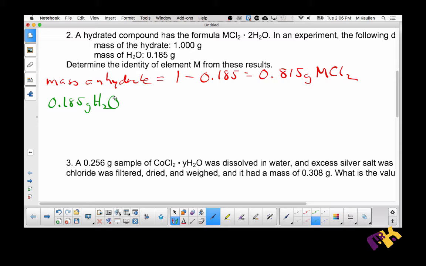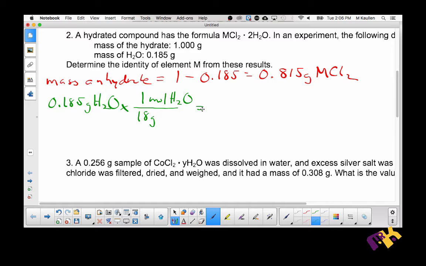If you're not sure in which direction to take these numbers, remember that we use unit cancellation. We want to get out of grams of water and into moles of it. So I can multiply by 1 mole per 18 grams of H2O. The grams cancel, and we're left in moles.